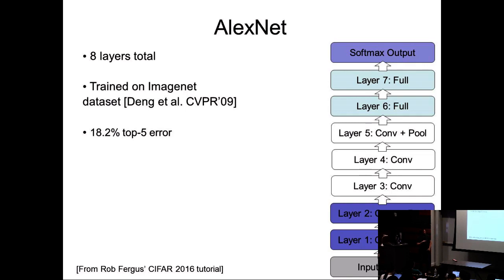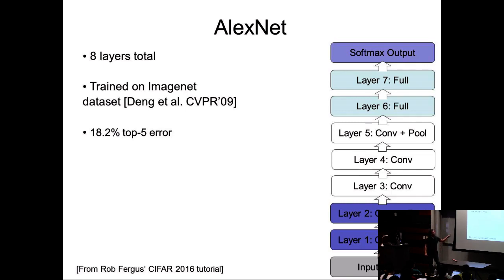this is trained on ImageNet. You could get 18% top 5 error, right? Top 5 error basically means that you pick the top 5 predictions, and if one of them hits the correct class, you consider it to be correct. And this is done primarily because there's so much noise in the data. It could be multiple objects. As long as you hit one of them correctly, you consider it to be correct.